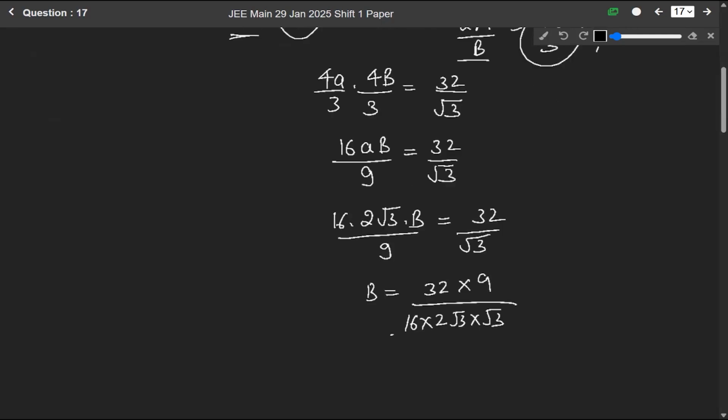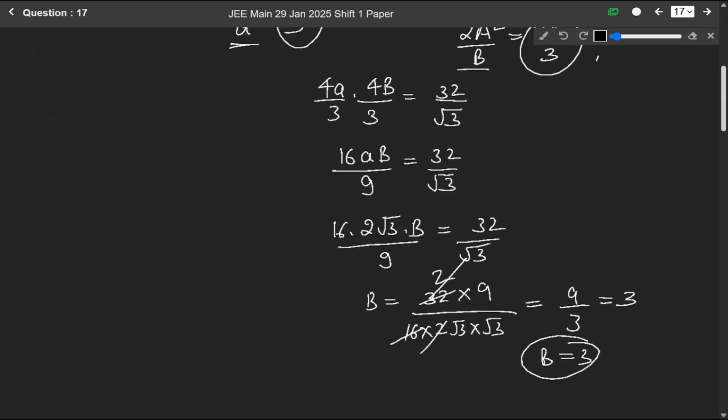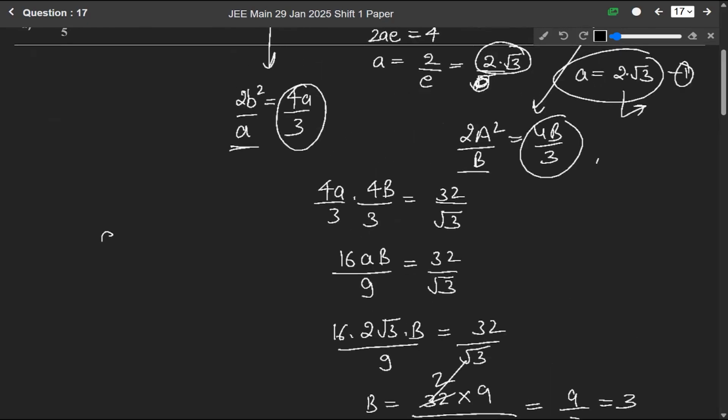So 16 to the 32, it will be 2 to cancel. 9 over 3 means 3. So b is equal to 3 here. Okay, means a is 2 root 3, b is 3 here.